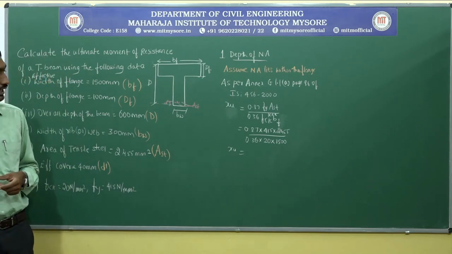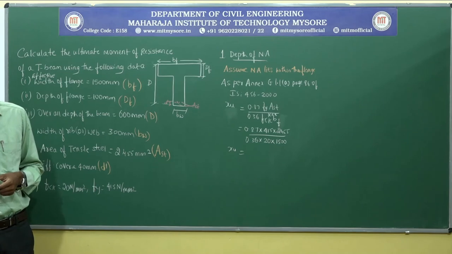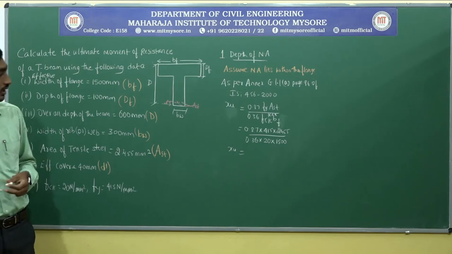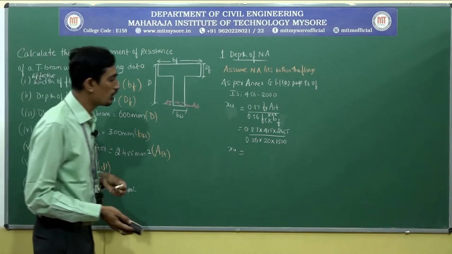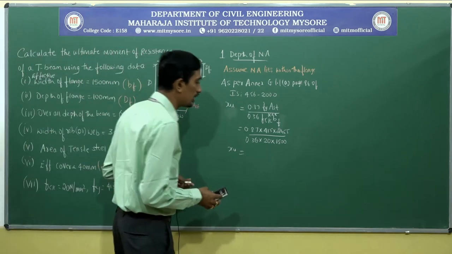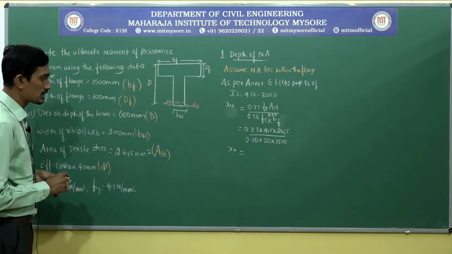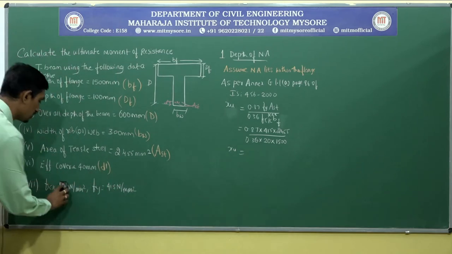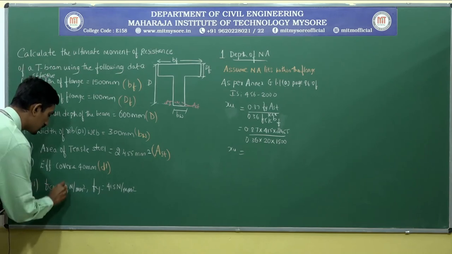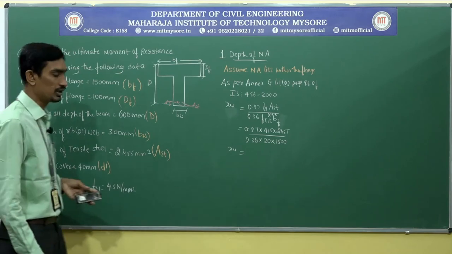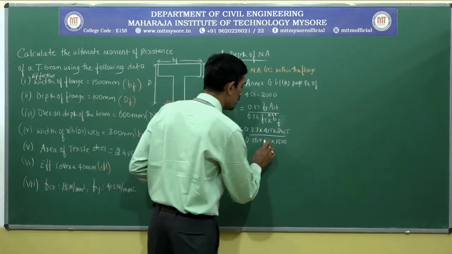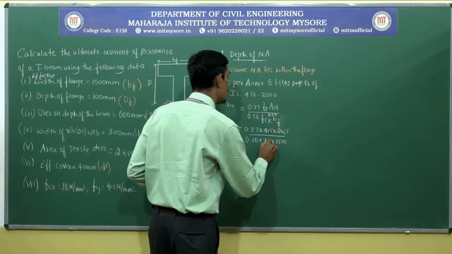Next, the answer you are going to obtain here is, okay, let me do one thing. We have been solving with the grade of concrete as 20. Let me go with one more data, that is, 15 Newton per millimeter square. So we will solve this problem with 15 Newton per millimeter square.